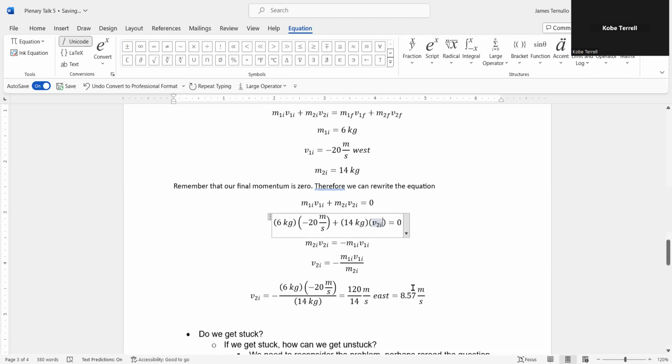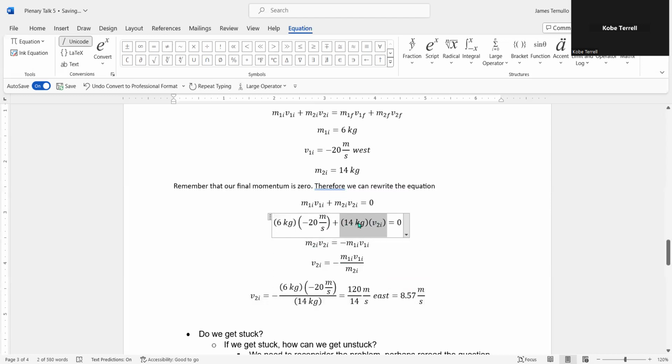Okay, so this object 1 is lighter than object 2, but it's moving faster than object 2, as we found. This makes sense because this, being smaller, would have to move faster to have a momentum that is equal to the momentum of a 14 kilogram object moving with some velocity.